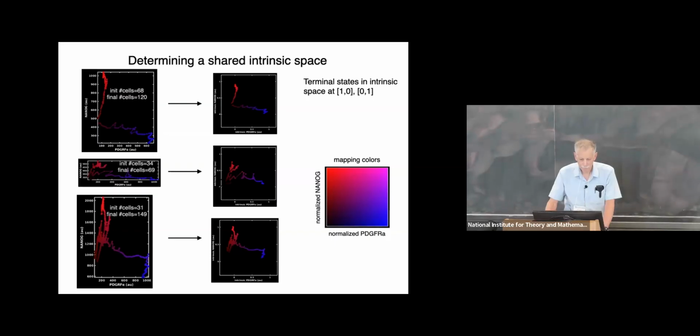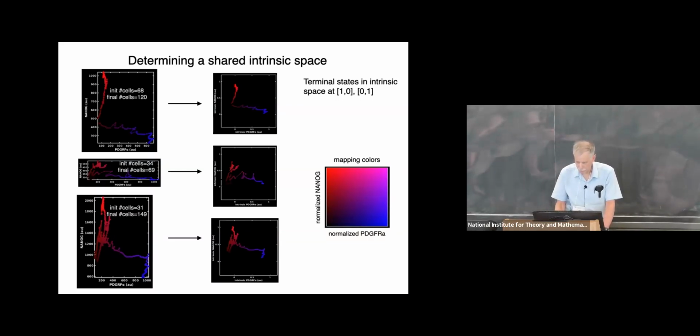So on the left, I show you in fluorescence space multiple snapshots of the time evolution of embryos, and you see the numbers are all over the place. One has to normalize those numbers to get the pictures on the right in the intrinsic space, which are sitting at 1, 0, and 0, 1 by convention.